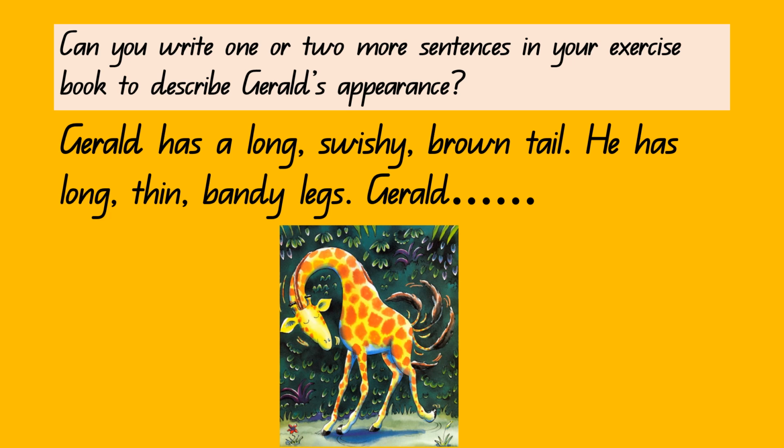I want you to write one more sentence or two more sentences about some of his other features. You might write about his cute little ears. You might write about his long, slim neck. You might write about his yellow body with brown patches.